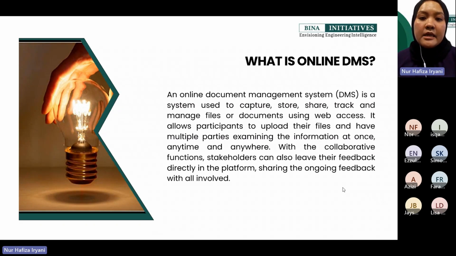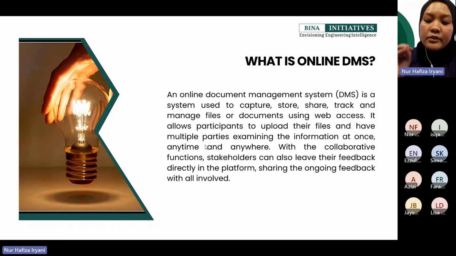and it is used to manage documents. Okay, so by definition, as you know about the DMS: capture, store, share, track, and manage files. And because of the word online, it is using web access. So it allows participants to upload their files and get multiple parties to examine the information at once, anywhere and anytime.